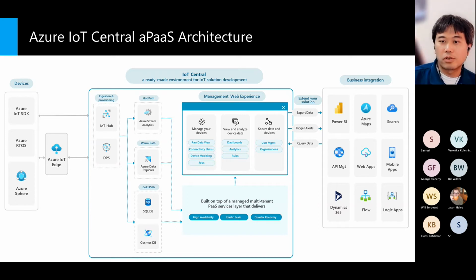So it has all these different services that it's using. And on the right side, on the business integration, it can export data, trigger alerts, or query data through the management web experience. On the device side, it's using Azure IoT SDK or Azure RTOS, depending on the devices that you're using, and also Azure Sphere or Azure IoT Edge. So there are different ways to connect to the cloud.